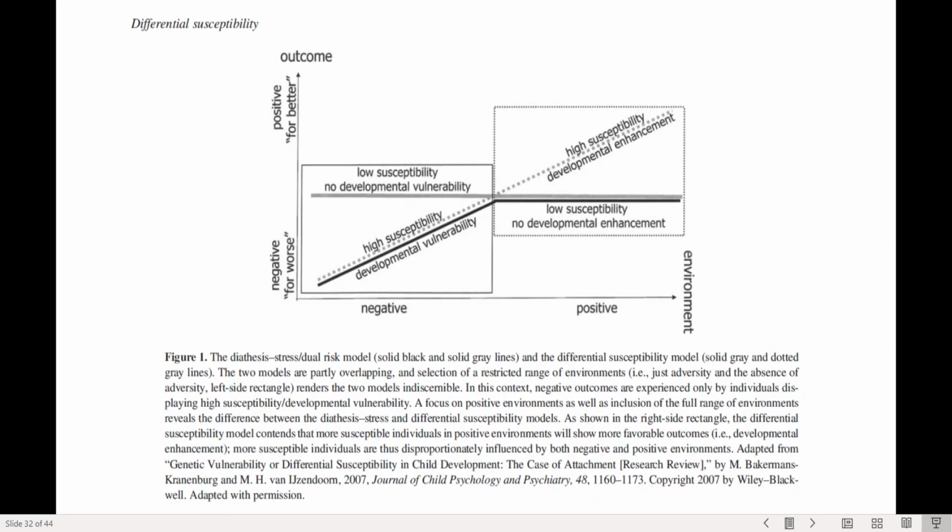But at the same time, these individuals are more likely to grow and show highly adaptive behavior if put in a positive environment.